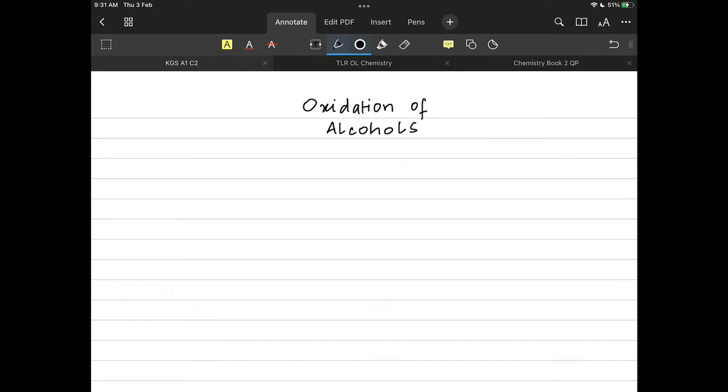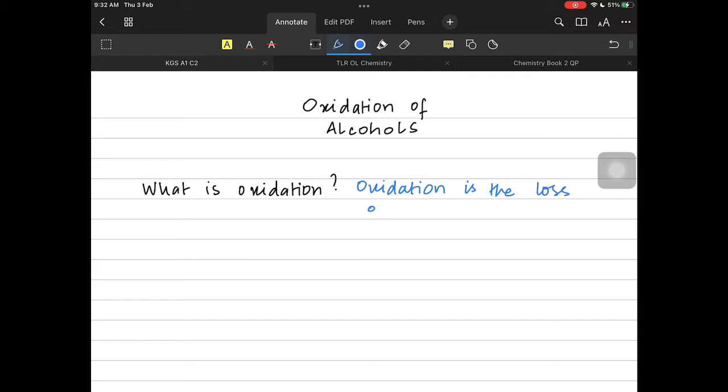In today's video, we're going to try the idea of oxidation of alcohols. So what is oxidation? We know that oxidation means multiple things. It is first the loss of electrons. So the foremost definition is oxidation, loss of electrons.